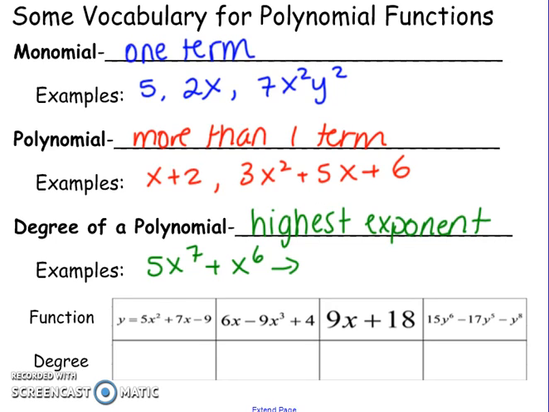So my degree here would be 7. Okay, so for all the functions, for the first function, what would be the degree? So it's 2. The second function, 3. The third function, 1. And the last function, 8.